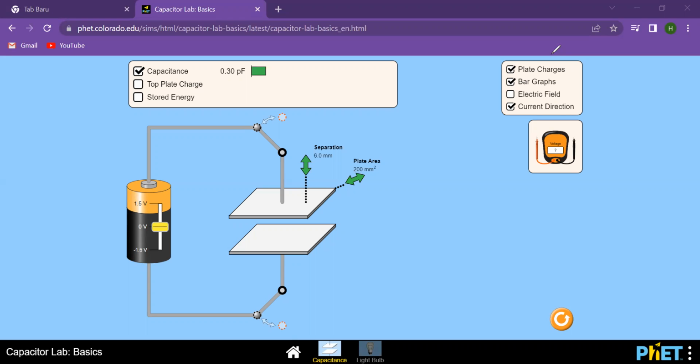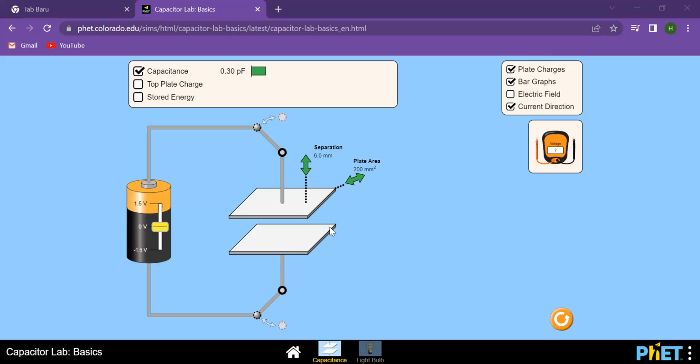All right. So what is capacitance of a capacitor? Capacitance of a capacitor is the ability of a capacitor to store electricity charge per unit of voltage across the plates. Which plates? Okay, these plates.